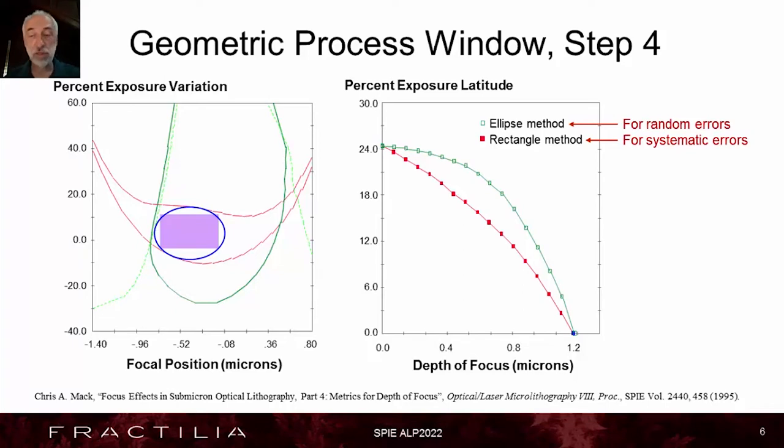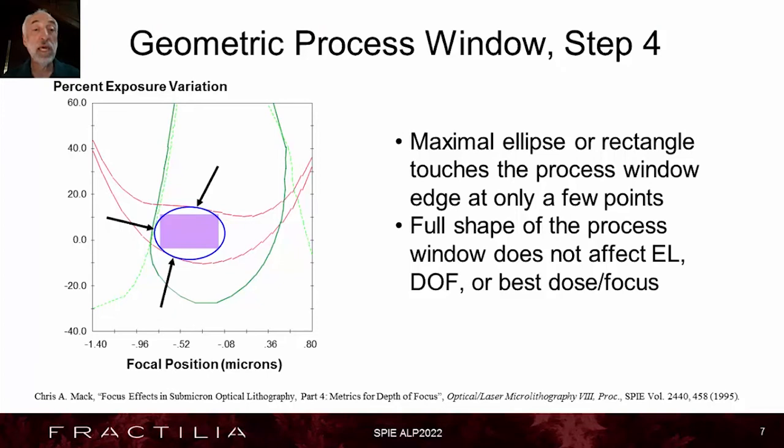The problem with this geometric approach to sizing inside the process window is that these shapes will hit the process window at only a few points. In this particular case, it's hitting it at exactly 3 points. Only these 3 points determine the maximal ellipse or rectangle that fits inside the process window. That makes it very sensitive to a couple of points and completely insensitive to the whole rest of the shape of the process window. Well, something doesn't feel right about that.